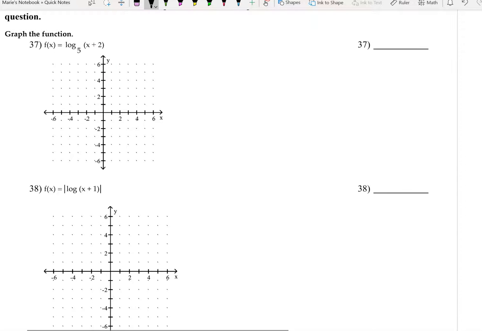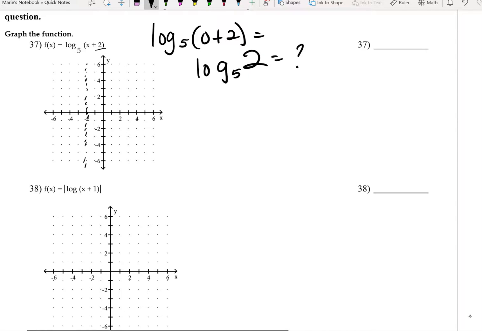Alright. Let me try to do 2 more, and let's see if this will hold. Okay, here they want you to graph the following function. And so if you notice that there is a shift of plus 2, which means that this line right here is going to be a cutoff. We do know that if we substitute in values such as 0 and so on, we'll get y values. So for example, log base 5 of 0 plus 2 equals, well, log base 5 of 2 equals what number?